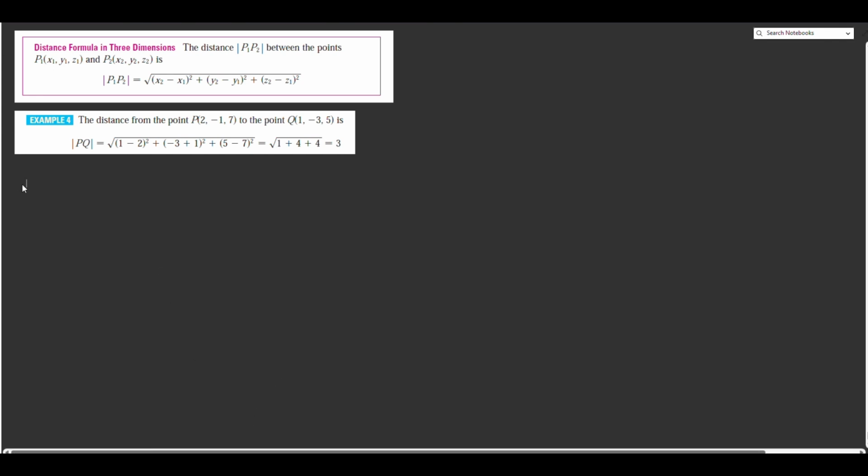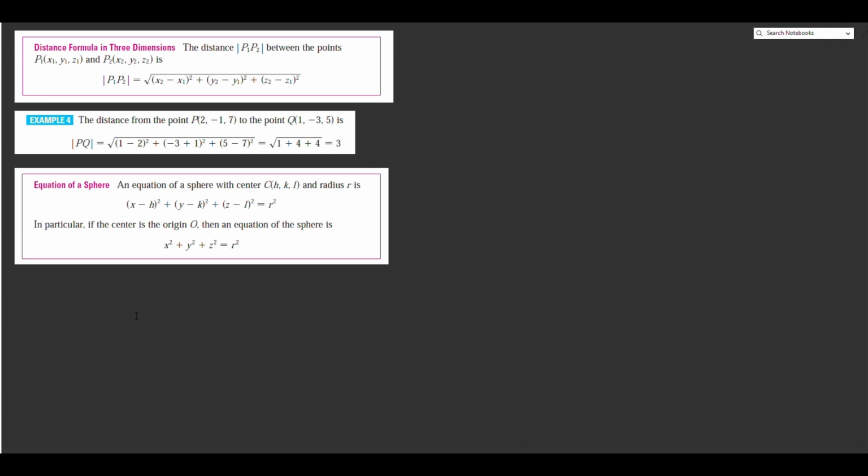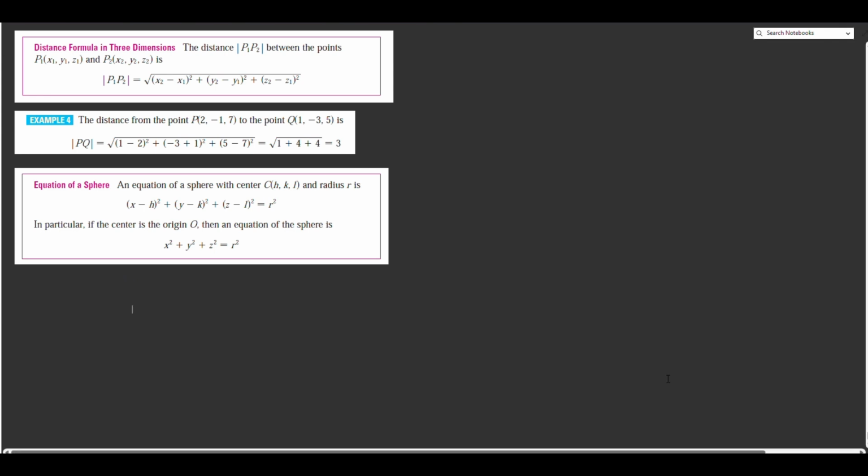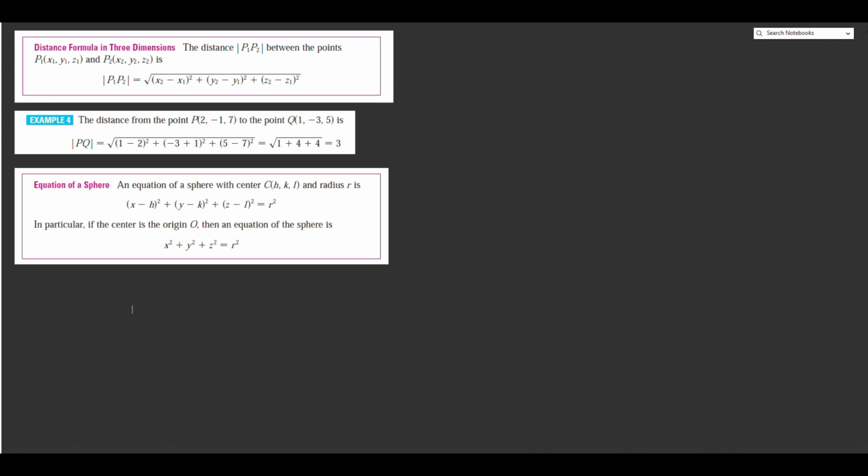The next definition is the equation of a sphere. This is similar to the equation of a circle.